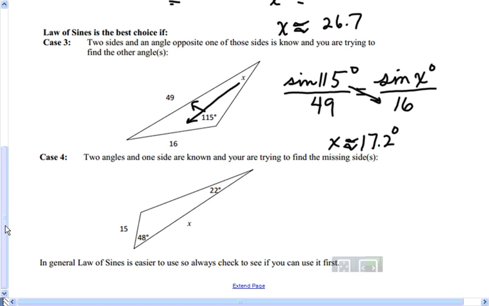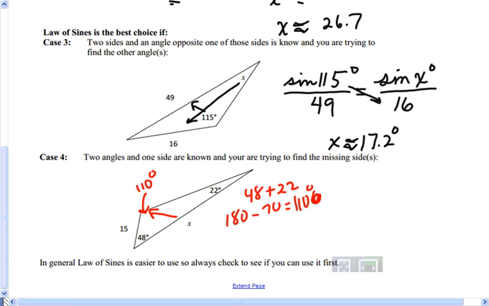So the first thing we'll probably want to do there is find that missing angle using the triangle angle sum theorem. And so we're going to add 48 and 22 together, and that's 70, and subtract that from 180, and that's our missing angle, 110 degrees, so that's that angle, and that's the angle opposite the x.